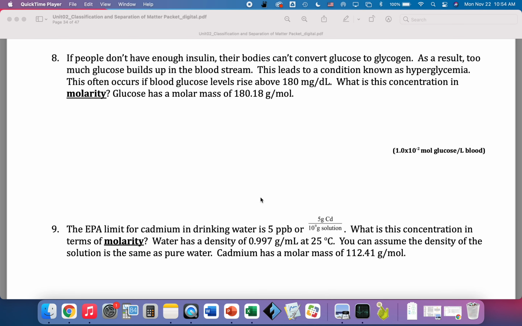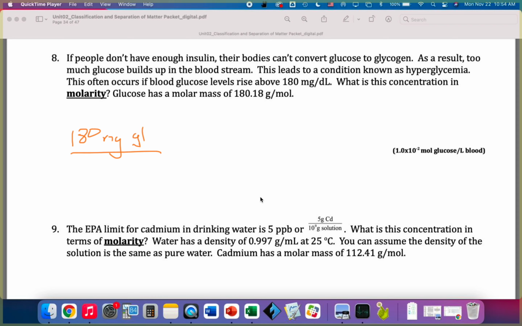So same problem here, but now we're talking about hyperglycemia, so too much sugar in the blood. So we're basically going to repeat the same procedure as the last two problems. So we know the concentration is 180 milligrams of glucose per 1 deciliter of blood.